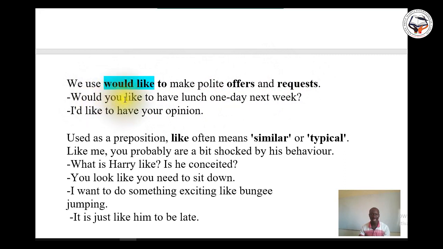Would you like to? I have to add to. Would you like to, to make polite requests, make polite offers or requests. Would you like to have lunch one day next week?